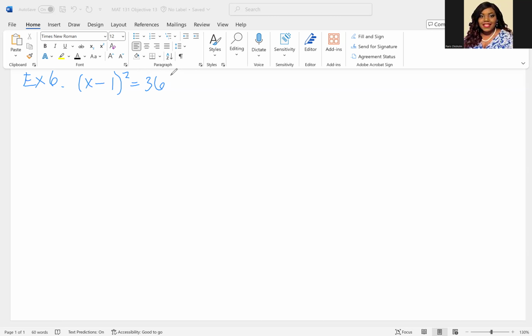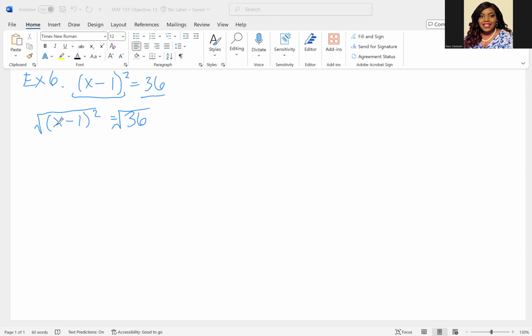Okay? So remember, our goal is to have whatever is squared over here and then equals something, okay? So this problem is set up for us to just go right in and take the square root. So remember, I said I wanted you all to rewrite it and then take the square root of both sides, okay?